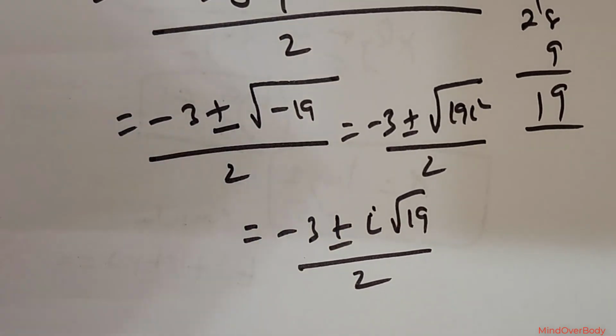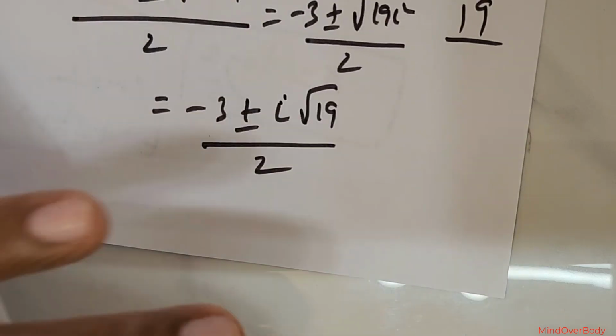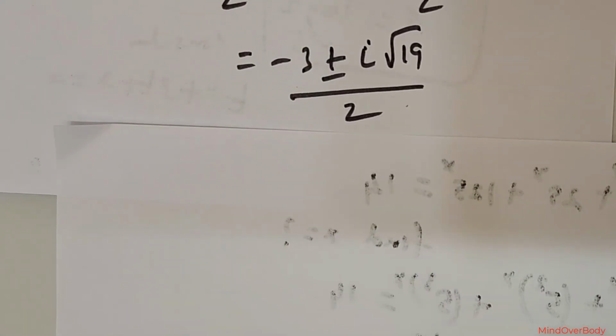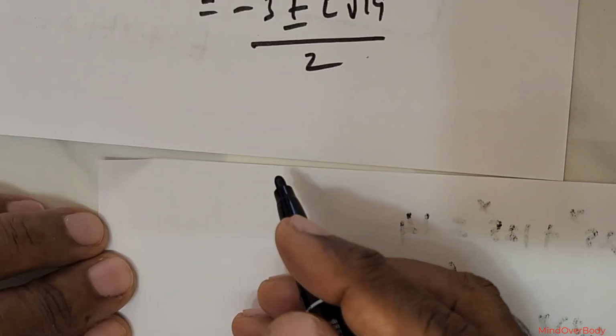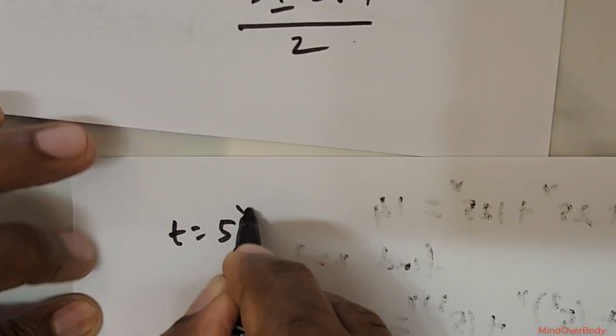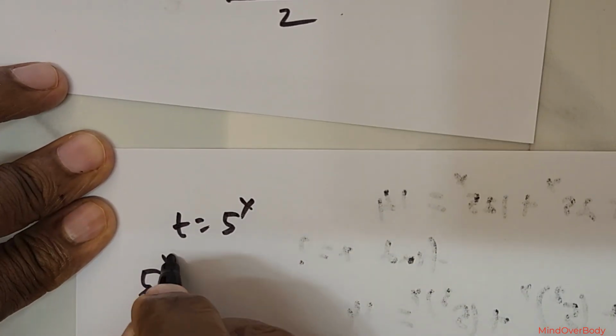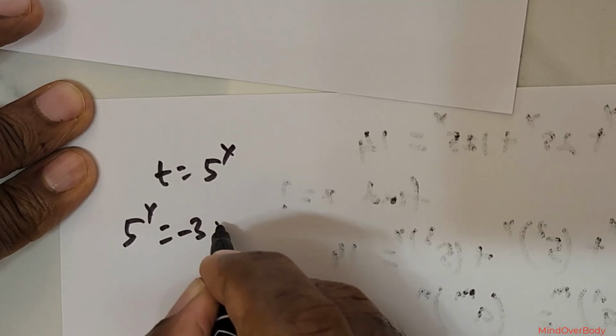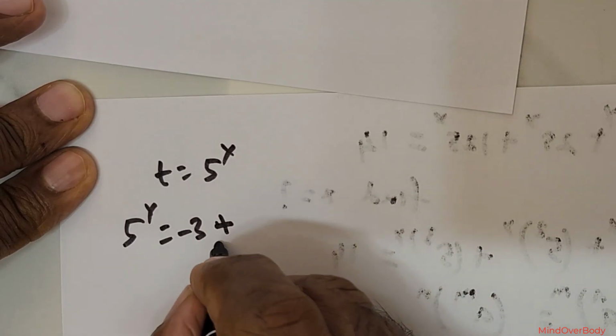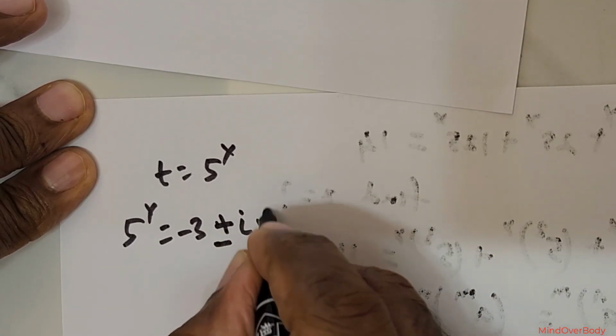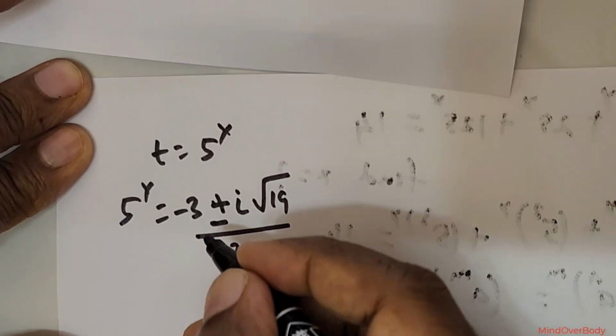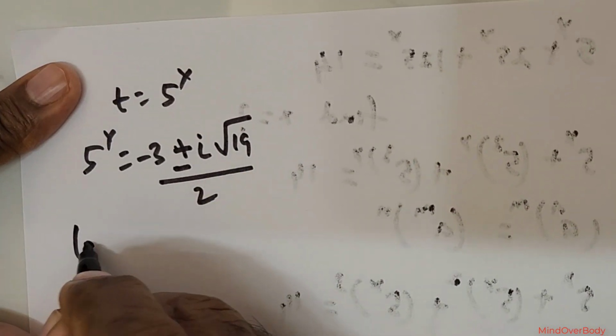Now, as I mentioned to you, let me use this space here just to wrap it up. Now t = 5^x. So 5^x = (-3 ± i√19) / 2. So you take log to the base 5.